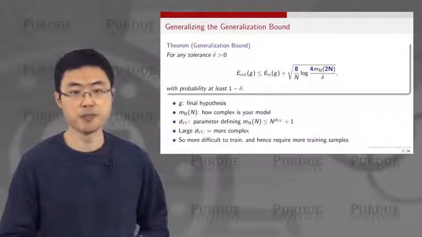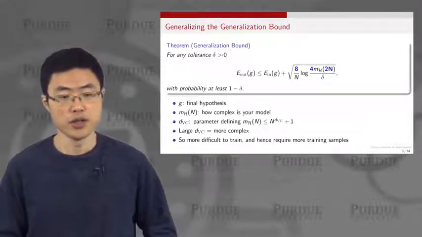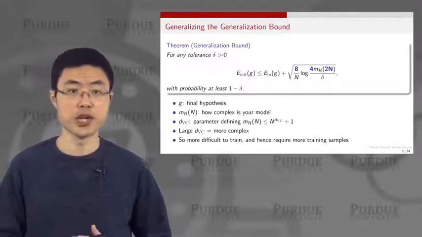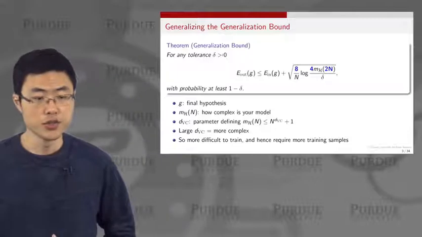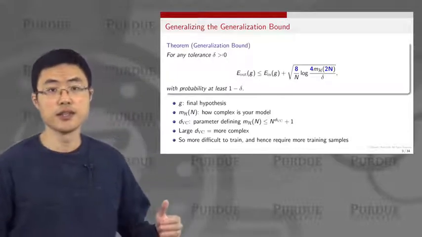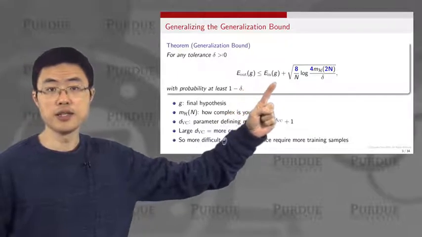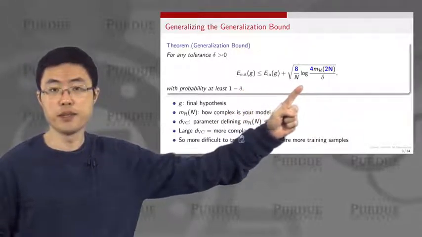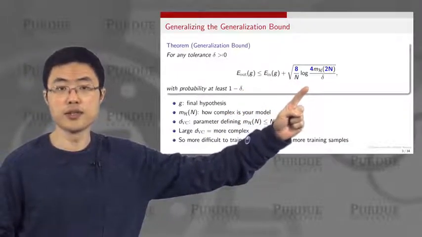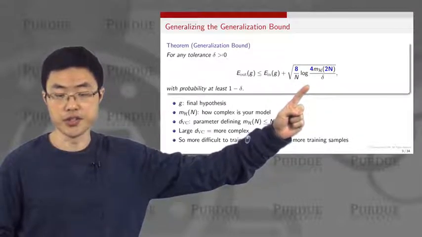So to start with, let's begin our discussion using the generalization bound which we have introduced the last time. The generalization bound says that I have a testing error compared to the training error. There will be a term called the accuracy.